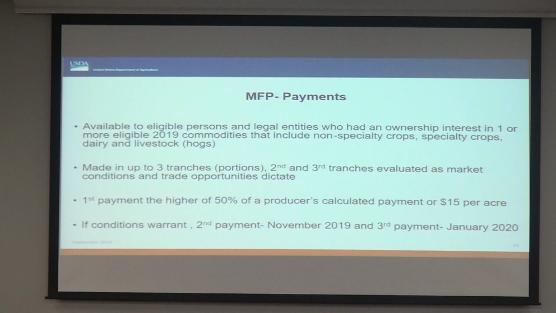And like I said, depending on market conditions, if the trade situation is rectified or not, additional payments may or may not be made. If it's not, the second payment will be made in November, so next month, and then the third payment will be made in January.